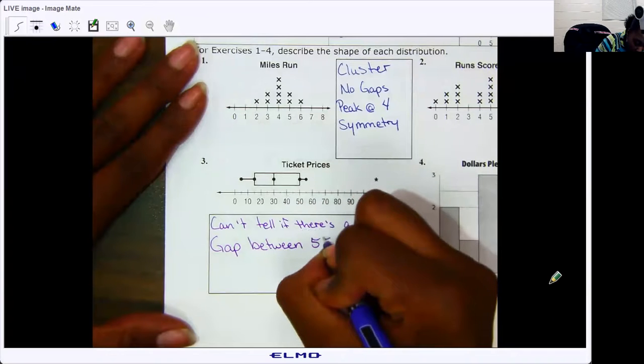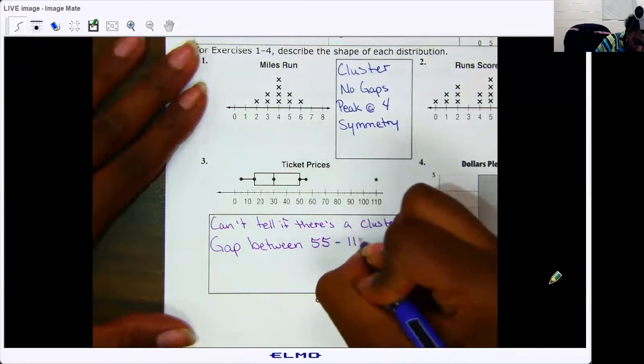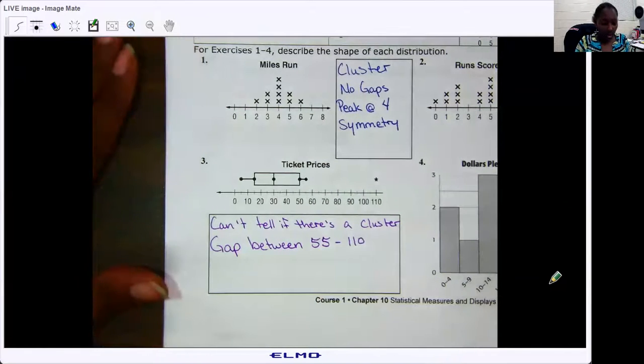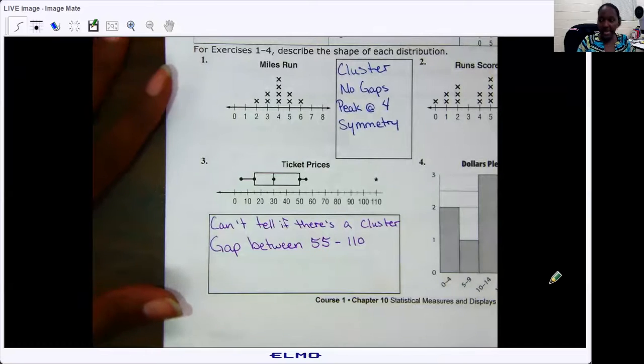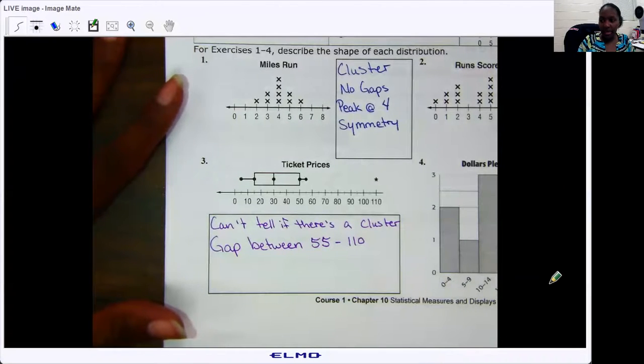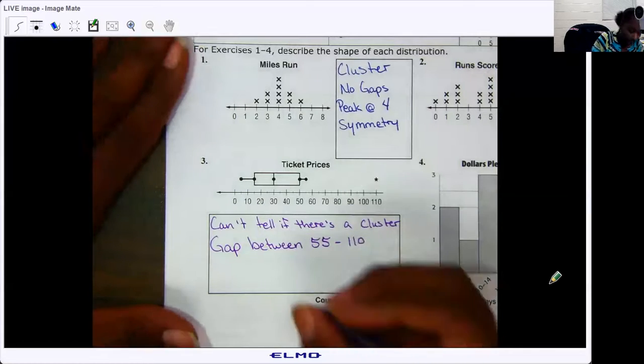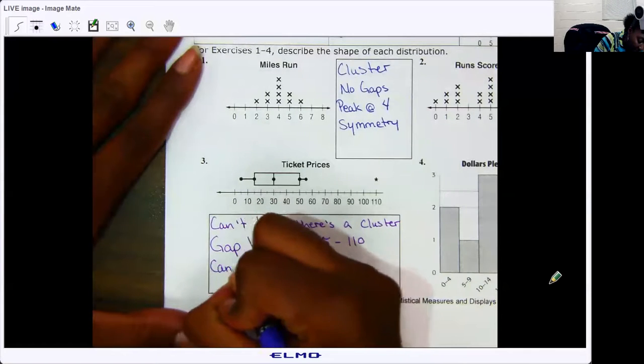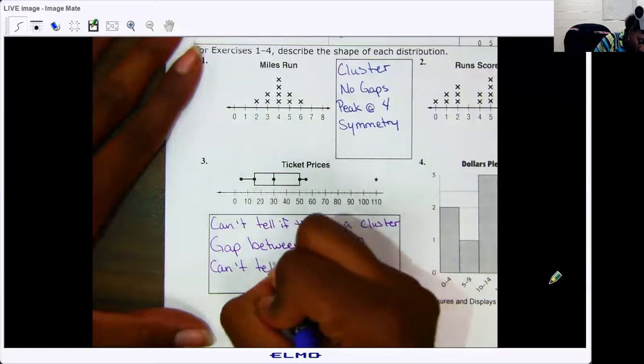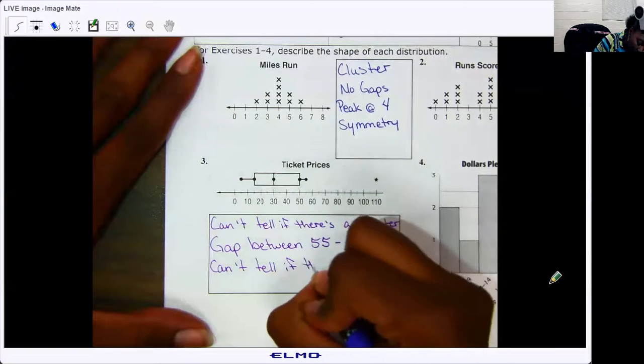So I'm going to say my gap is between 55 through 110, okay? All right, is there a peak in our data? We can't tell if there's a peak because we don't know how many we have of each of these numbers. So again, I'm going to put can't tell if there's a peak.